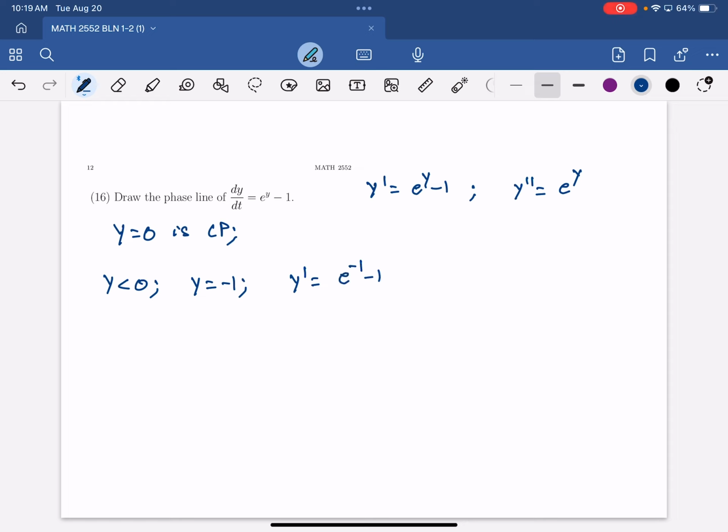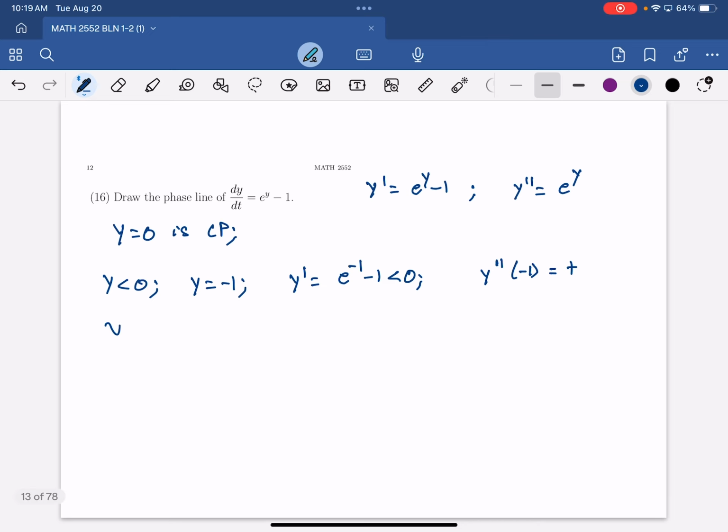Is it positive or negative? Negative. Very good. So is my function increasing or decreasing? If the first derivative is negative, it is decreasing. Then what about my y double prime of negative 1? Positive. So is it concave up or concave down? Concave up. Okay, keep that in mind.